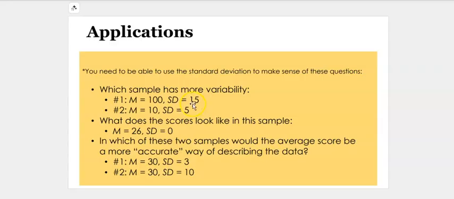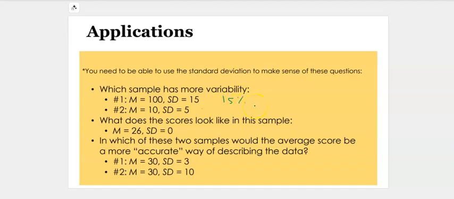You can divide the standard deviation by the mean. The standard deviation here is 15, divided by 100. That is 0.15, and then you multiply by 100. That is 15%. So you can say the level of variability is 15%.